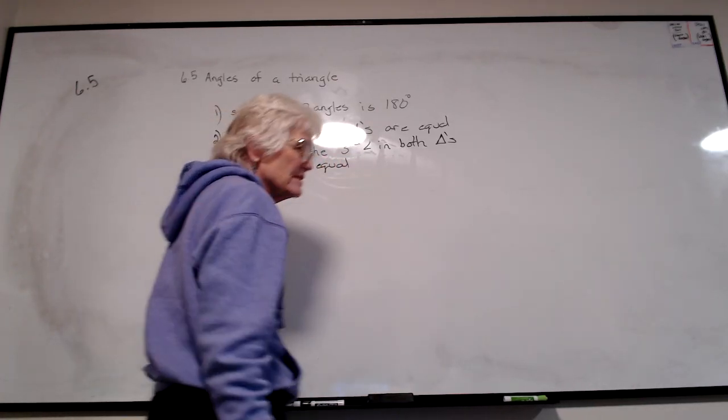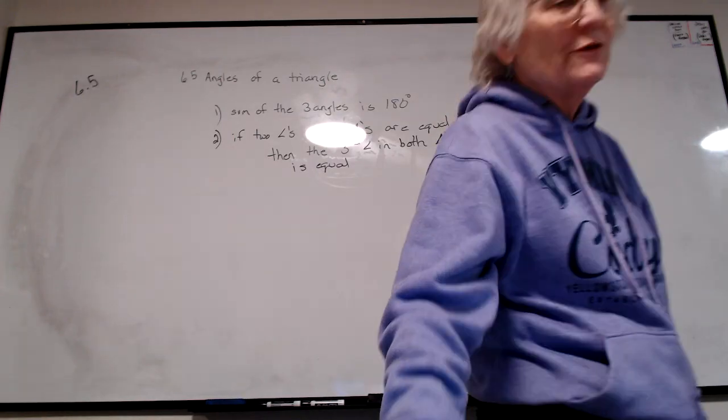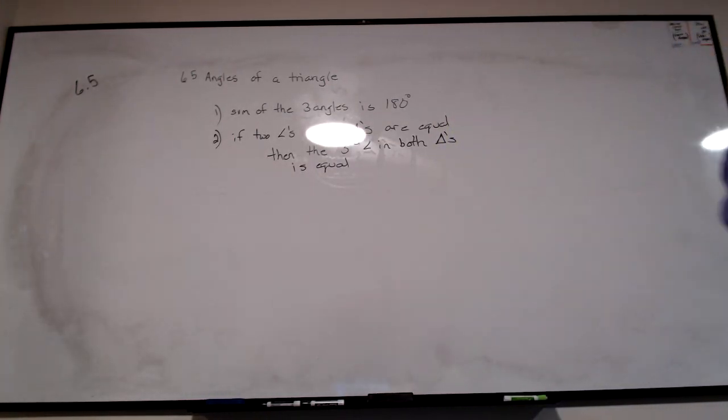Should make sense. Because if two of them are equal in two different triangles, that third one will be the one that makes 180, and so those two have to be the same.